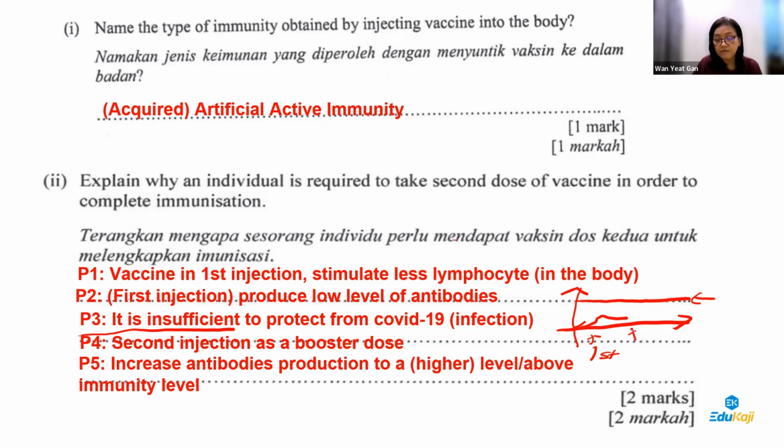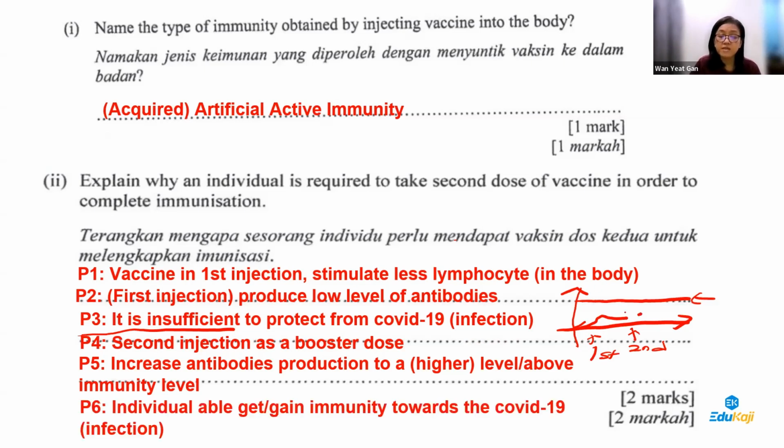So the second injection given here will allow the lymphocyte to be stimulated even more to produce antibody that goes beyond your immunity level. This is the immunity level. So that means your production of antibody needs to be above the level of immunity. Then only are you said to have gained immunity against the disease, or in this case, COVID-19 disease.